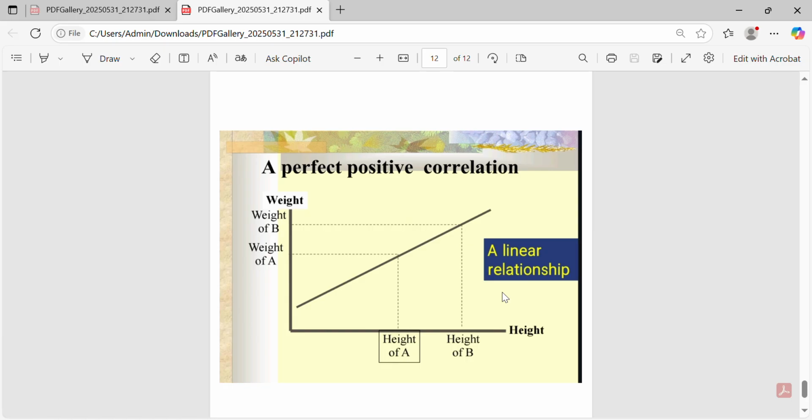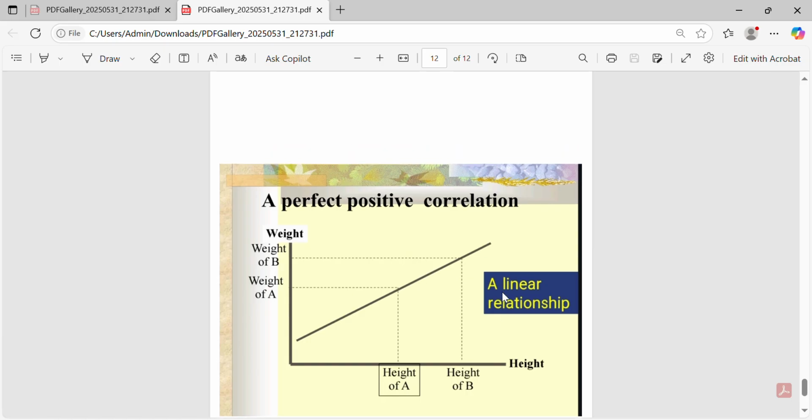A high degree of correlation between variables may be due to the following reasons: mutual dependence, variables being affected by some external factors, or pure chance of occurrence.